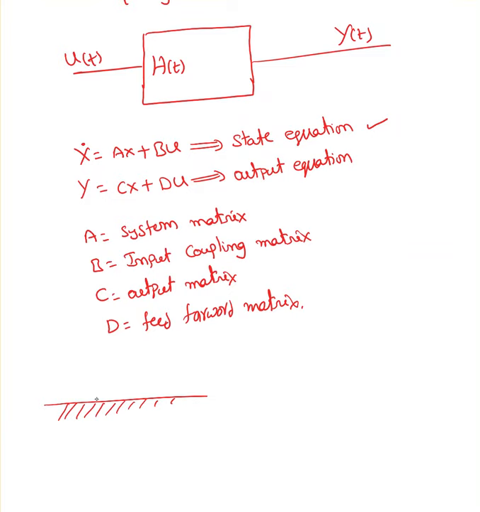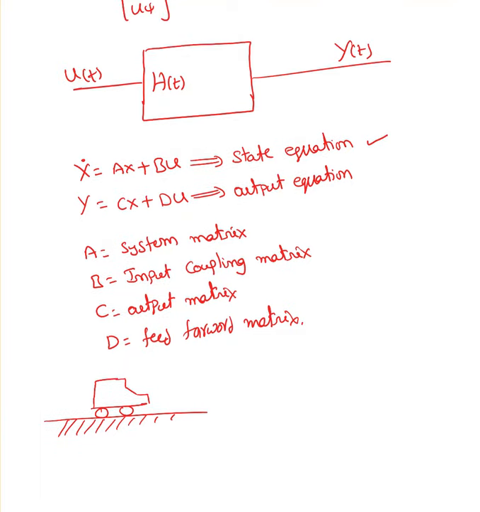If you take a car, it's the same system, but you can have different sets of state variables depending upon my requirement. If you look at the car dashboard, you see the speed. That's one state variable, right?